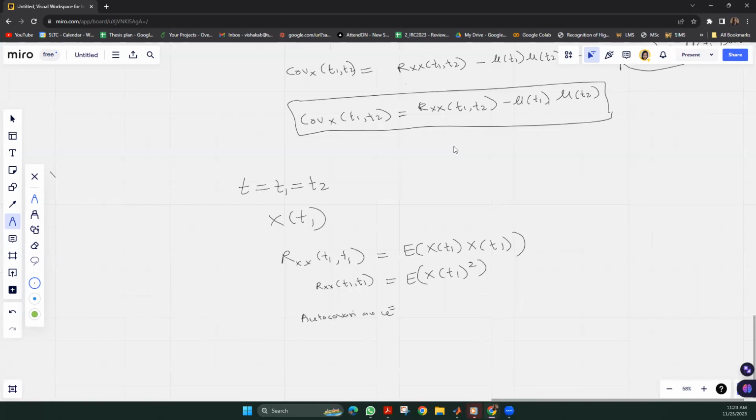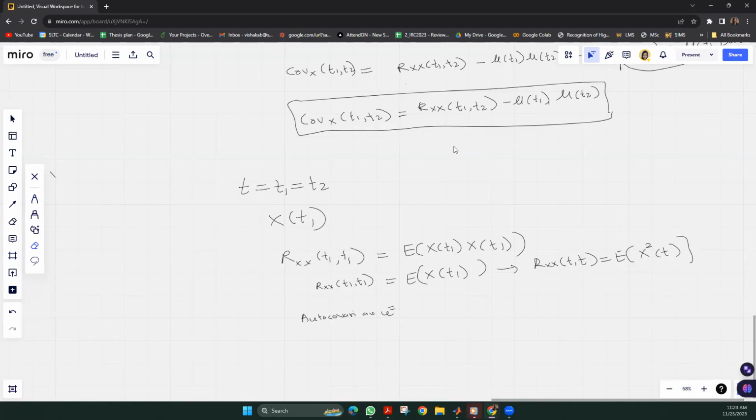So before that, now for a general case, the autocorrelation at the same time will be denoted using t as the time instance, and we will denote the expectation of that operation like this.